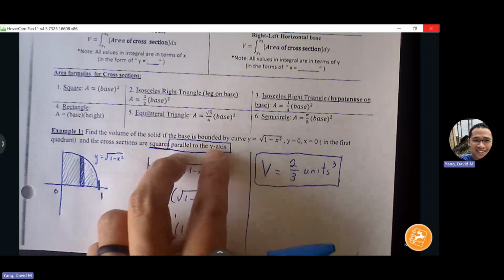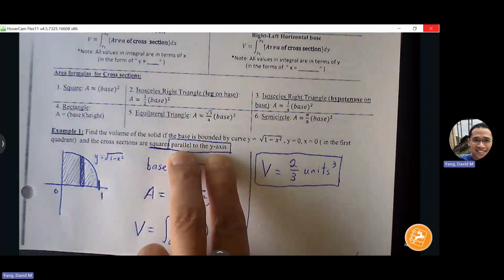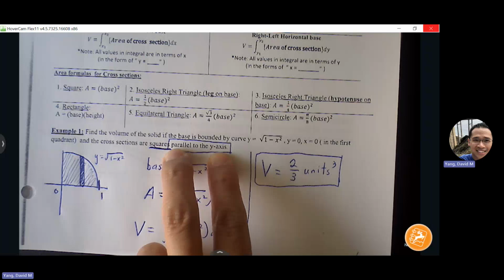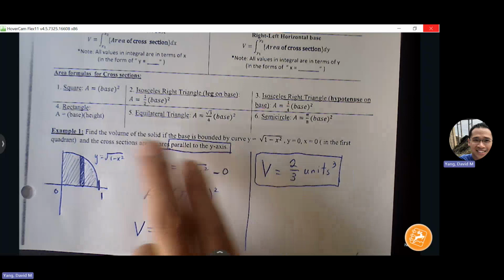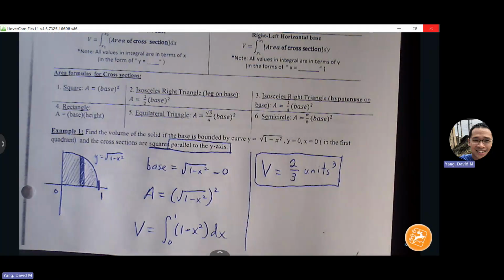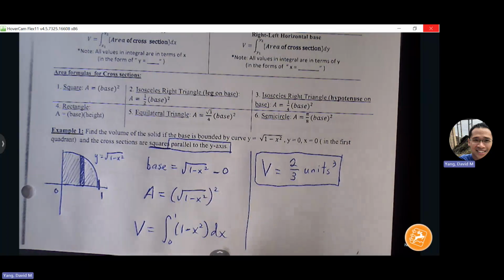So just make sure that you spend time to convince yourself that you're staring at a vertical or a horizontal base, because that's going to determine how you want to build your equation. But once you find your base, then it's just formula, right? It's not going to feel any different from this method in terms of gathering information.